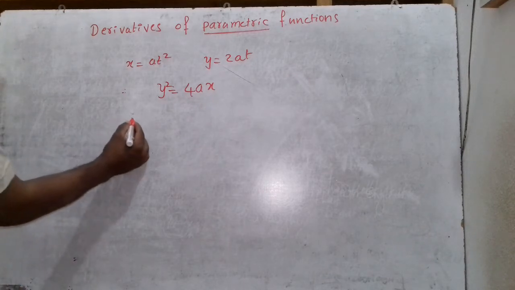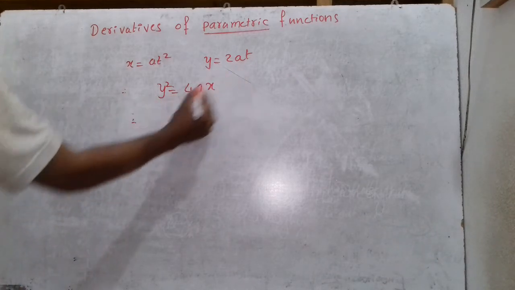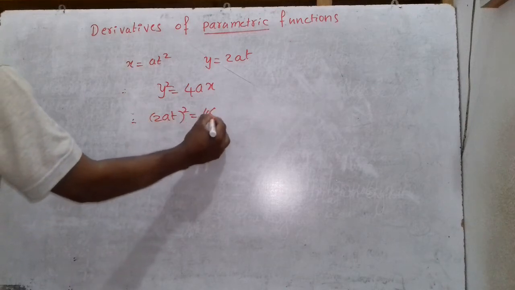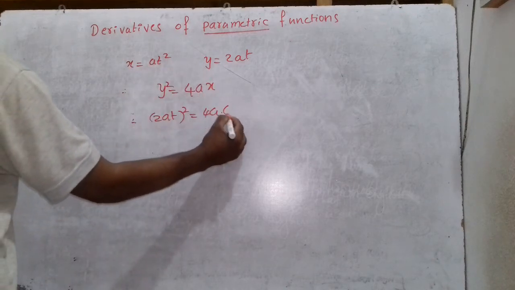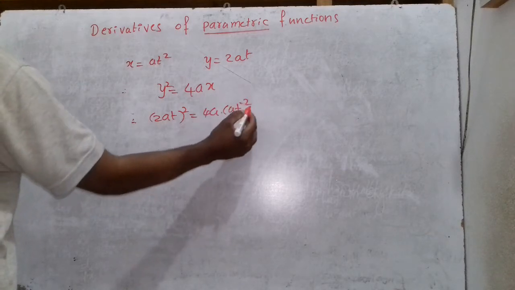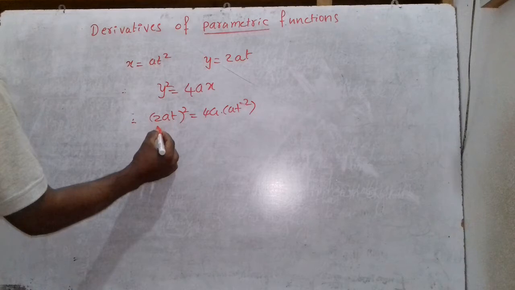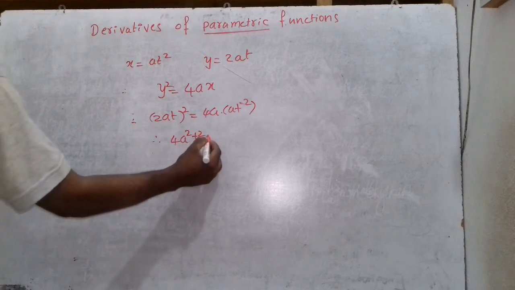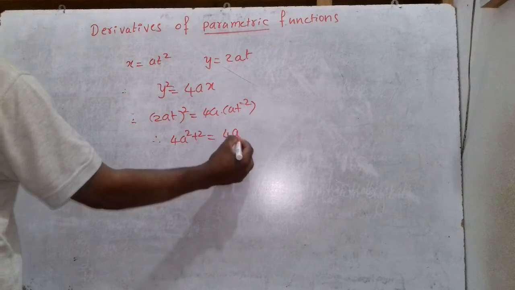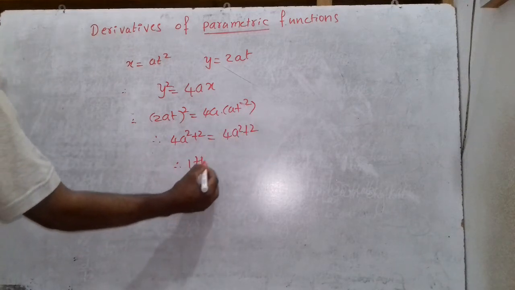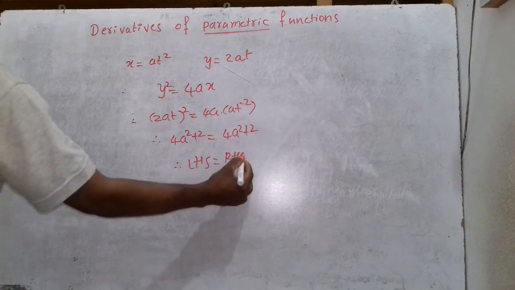This becomes (2at) square equals 4a times a t square. The square of this is 4a square t square, which equals 4a square t square. Therefore LHS equals RHS.